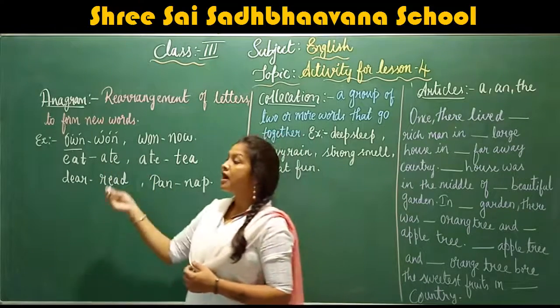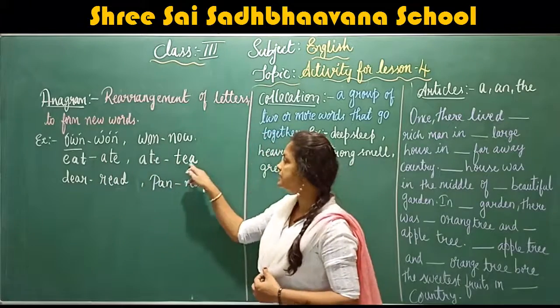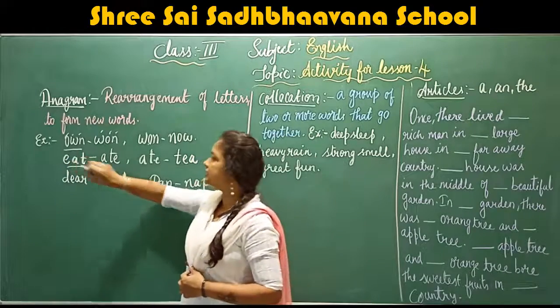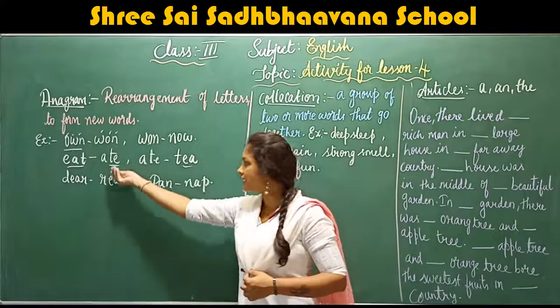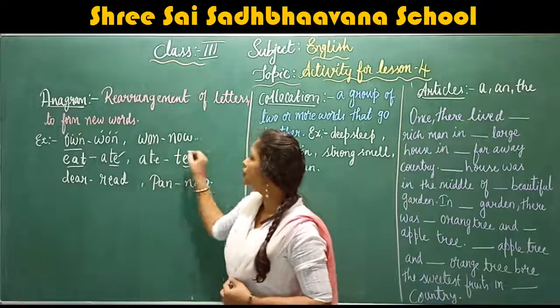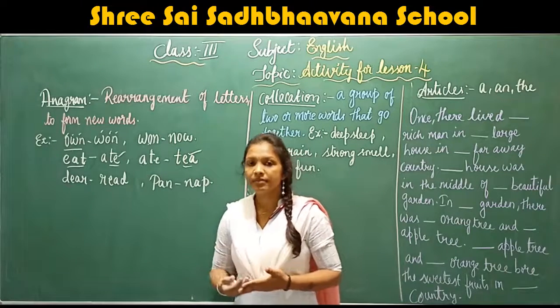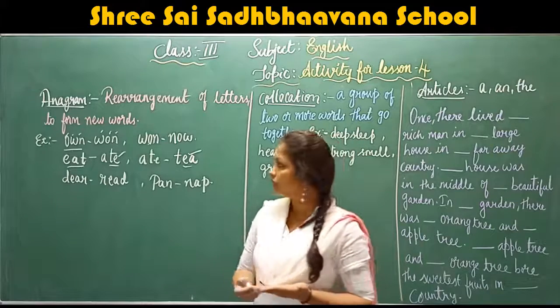We can also form another new word by using A-T-E, as T-E-A, tea. Understood? With the help of three letters, we have formed two new words. That is, by rearranging the letters, we have formed other new words. What is the meaning of anagram? Anagram is rearrangement of letters to form new words.